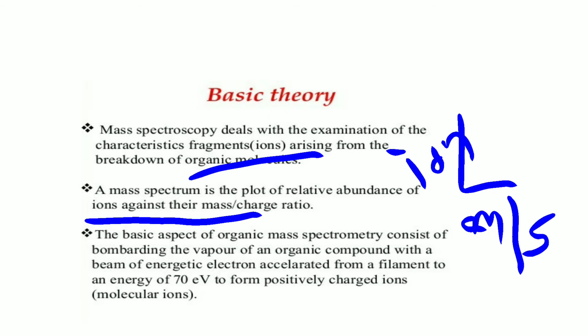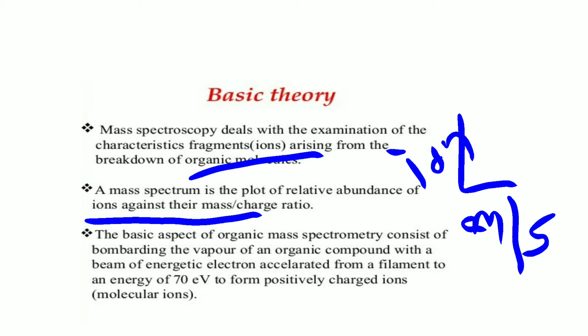Here the basic aspect of organic mass spectrometry consists of bombarding the vapor of an organic compound with a beam of energetic electrons accelerated from the filament to an energy of 70 electron volts to form a positively charged ion. That means what happened? We learned the instrumentation that time, you understood very well.